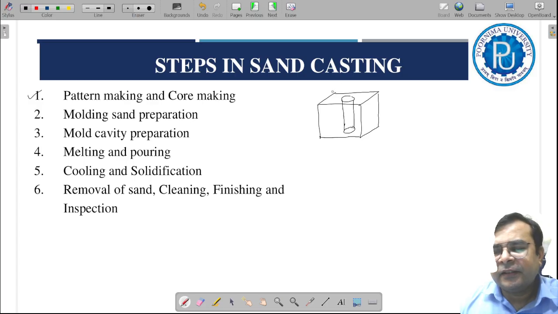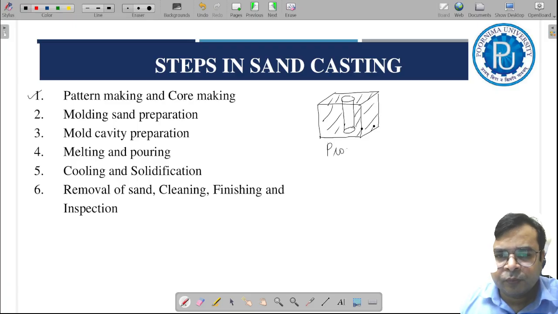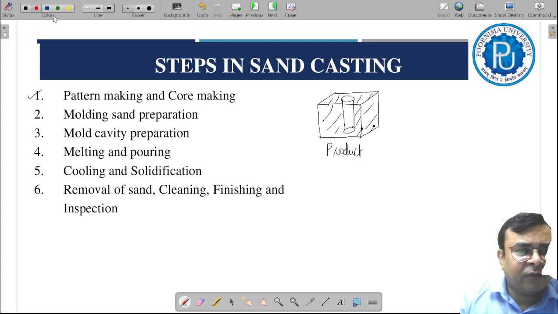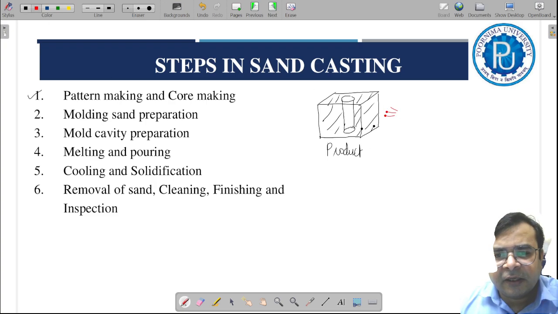Is it right? This is our product, which I need to produce with the help of the casting process. So as the product requires, a similar kind of pattern will also need to be made. So the first step is to make a pattern.